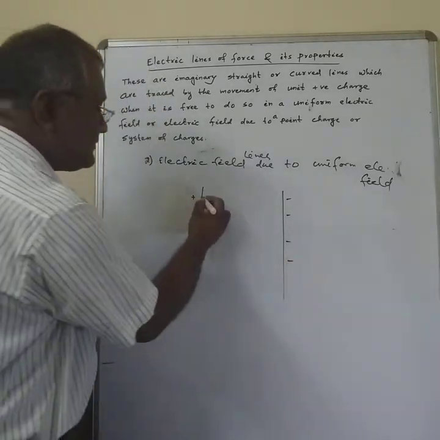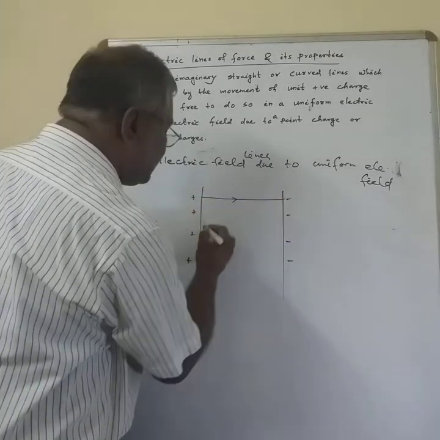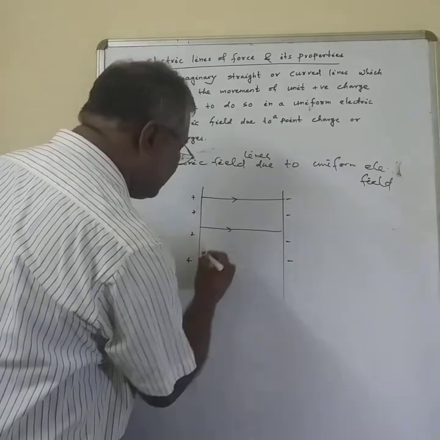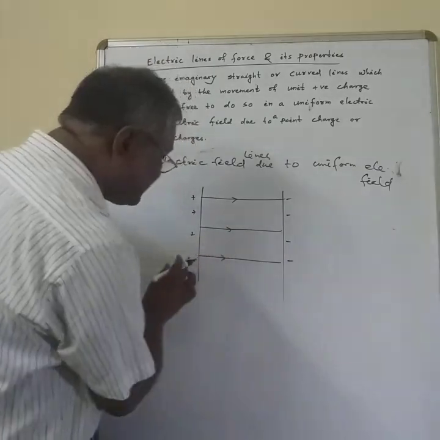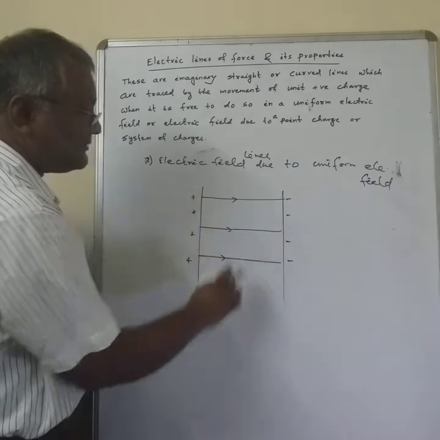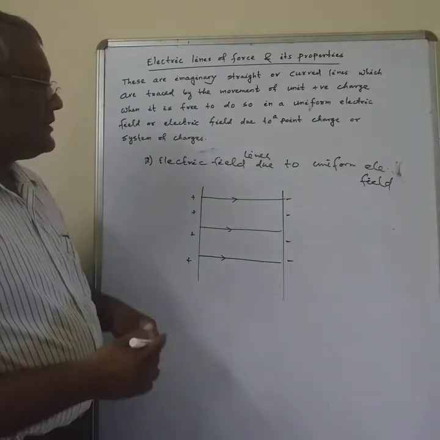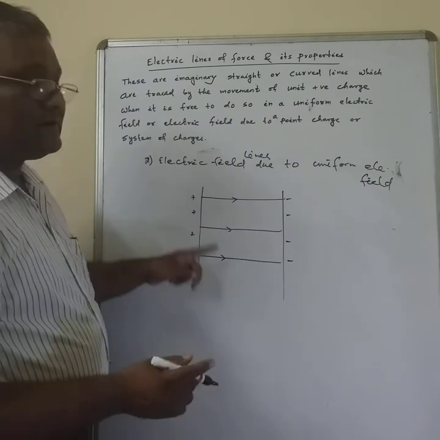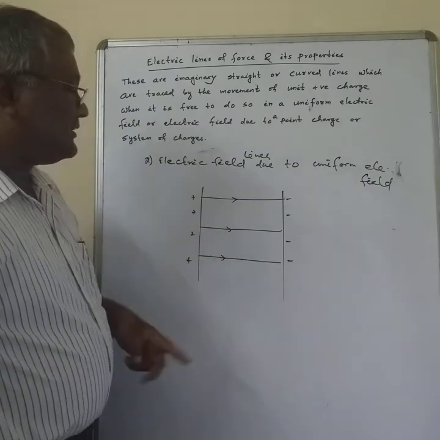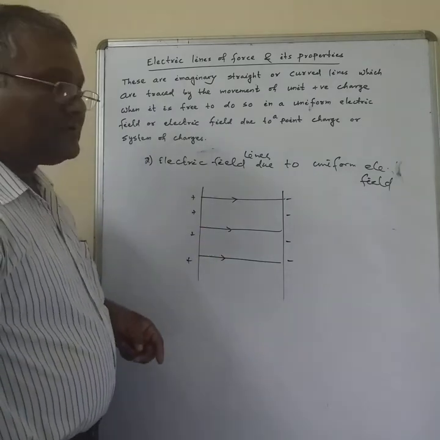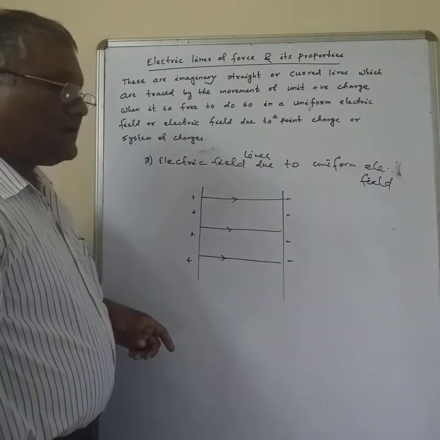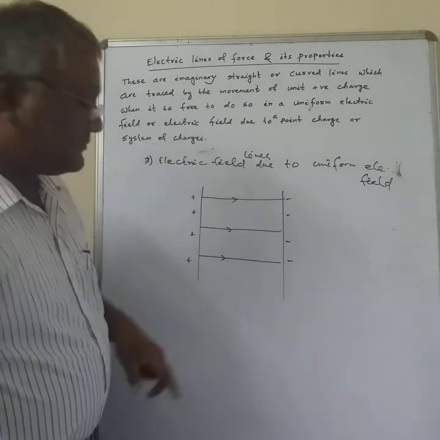The direction of the electric field lines is such that the positive charge will move from the positive plate to the negative plate. These parallel lines are called the electric field lines due to a uniform electric field. A uniform electric field is produced in between two equal and opposite charged parallel plates.